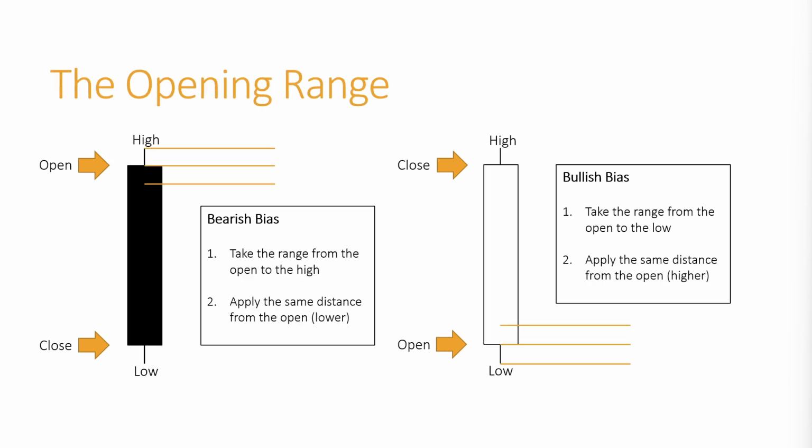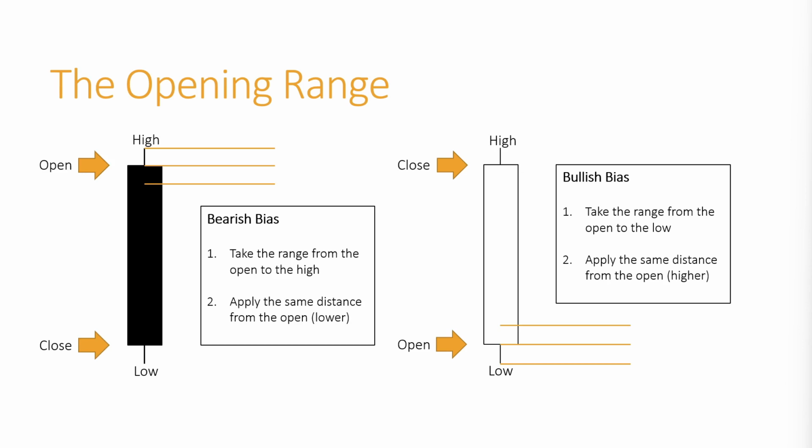So the opening range is like a layer that we put on top of our bias and the power of three. So again, we have two separate lenses to look at our opening range in terms of a bearish bias and a bullish bias. And what we're effectively doing is looking at the accumulation phase of the power of three and then applying a range which gives us the area that we're going to look at for our trade entries.